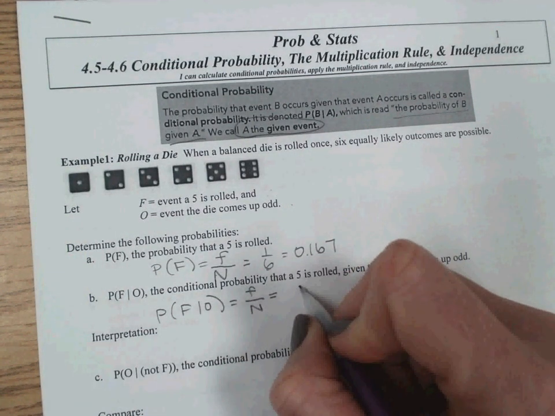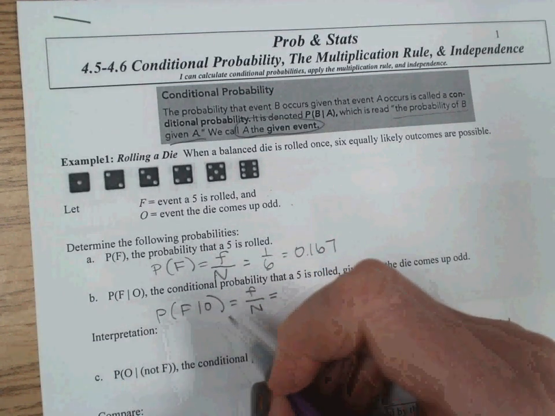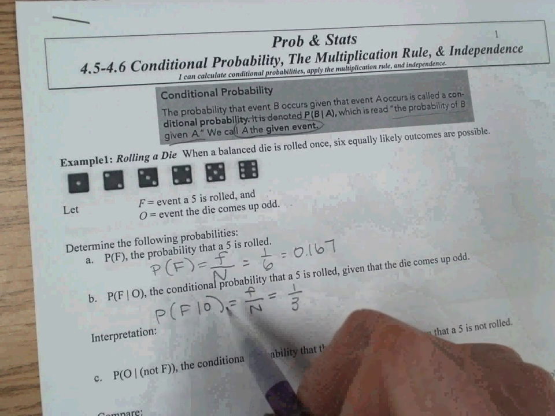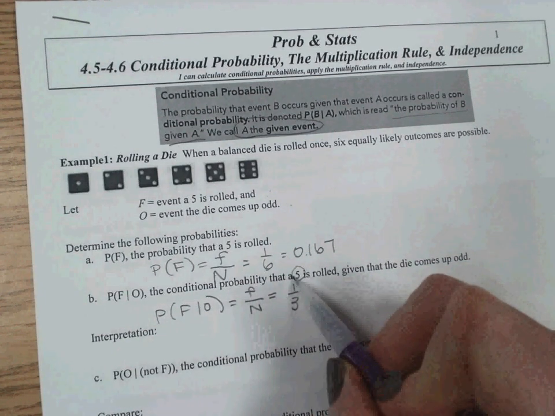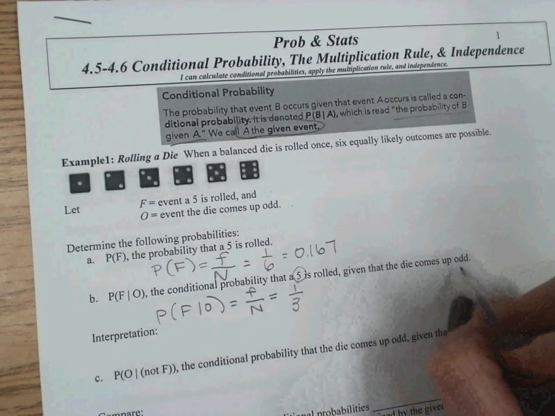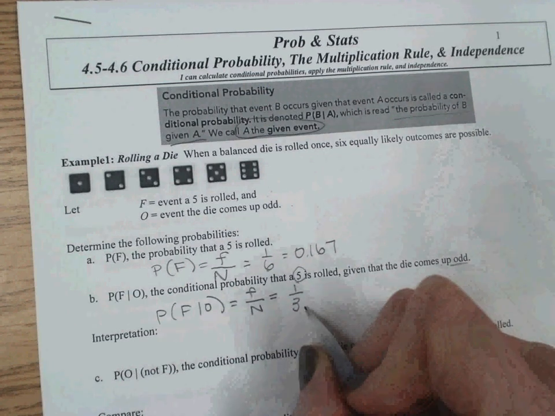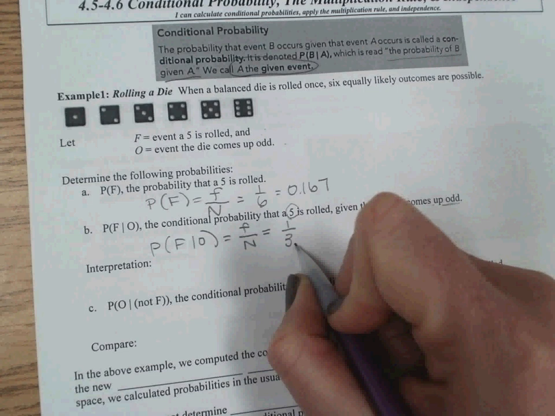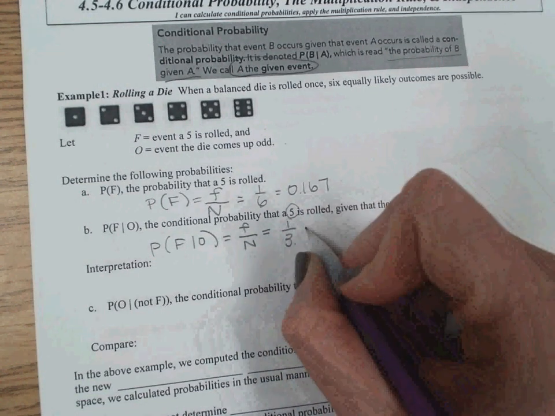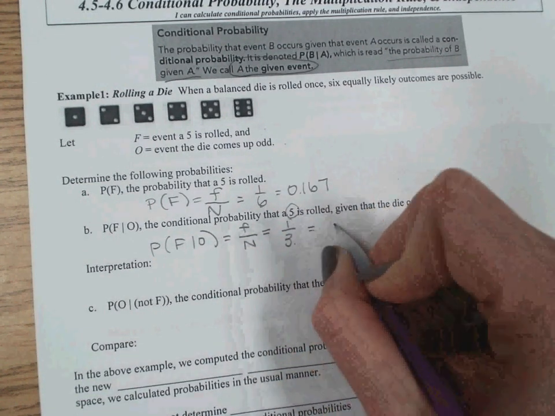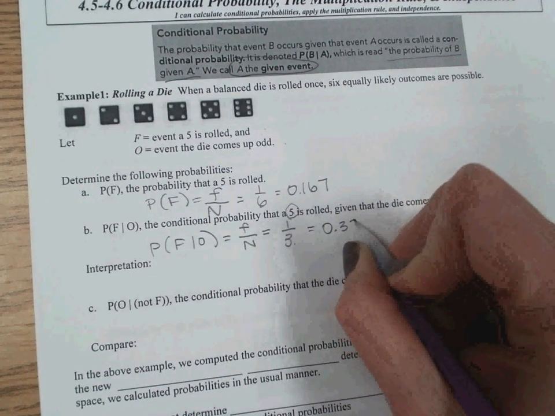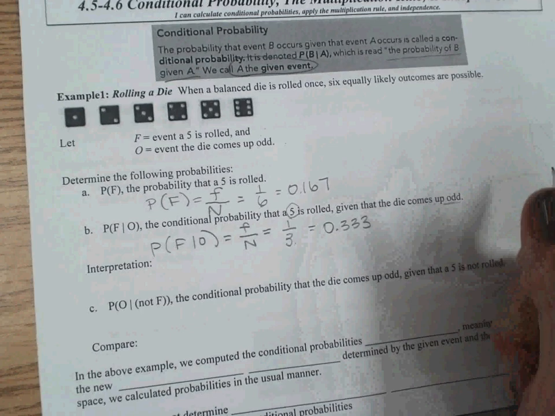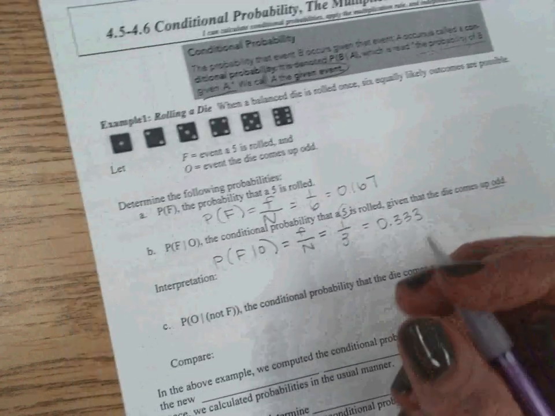We have one way that we can get a 5, given that we get an odd. There are 3 odds, 1, 3, and 5, and one of those is the 5. So that's 0.333.